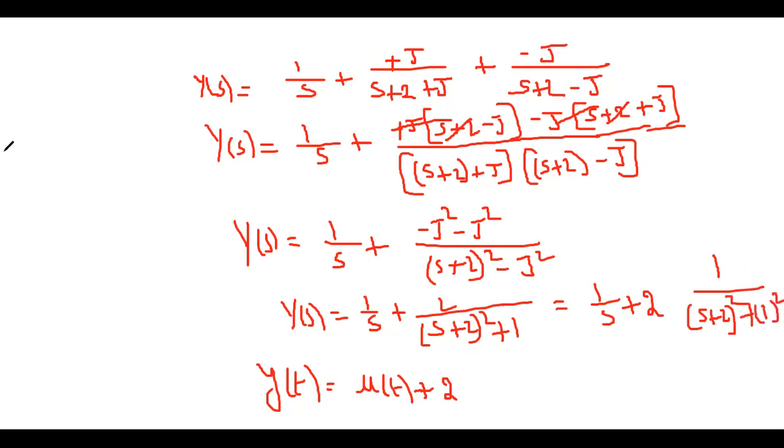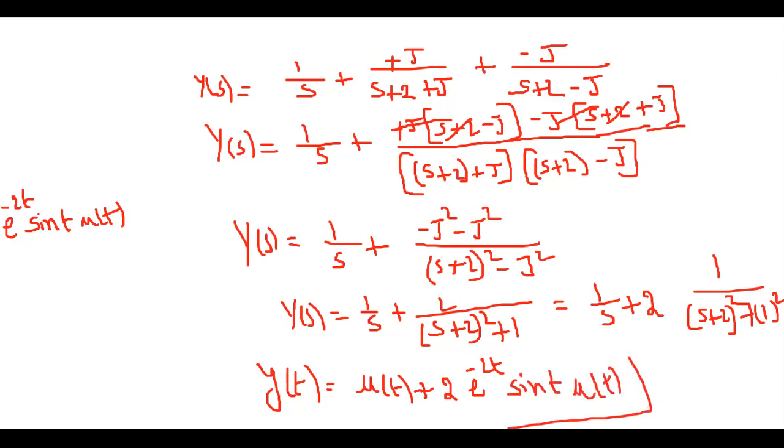You see, it is in the form of sine t mu of t, sine omega naught. What is omega naught here? 1, and s plus 2, because s plus 2 is multiplied means e power minus 2t. So 2 into e power minus 2t sine t mu of t is the inverse Laplace transformation.